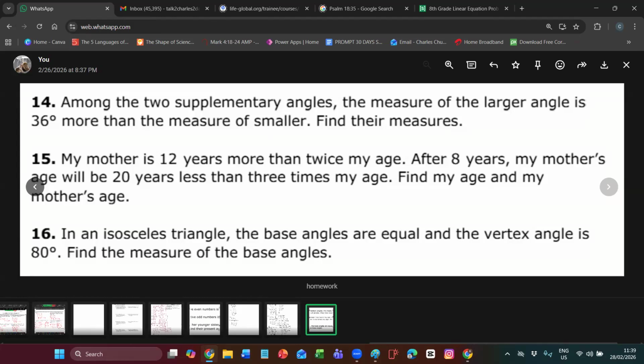I said x plus 80 equals 180. Okay, so you now solve that equation, x plus 80 equals 180. Yes, sir. So the base angle will technically be 50.